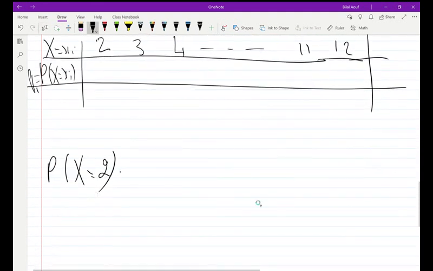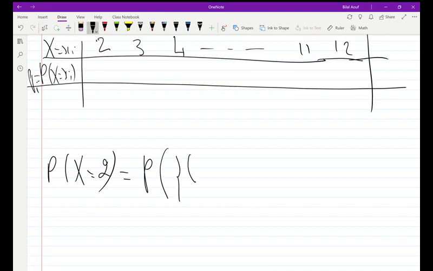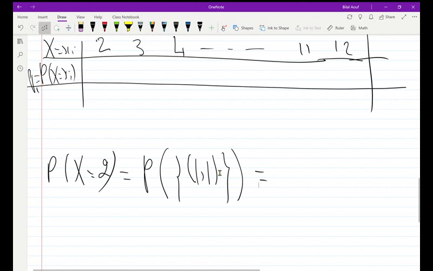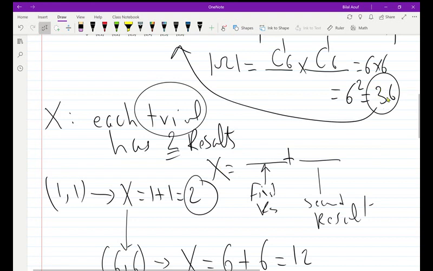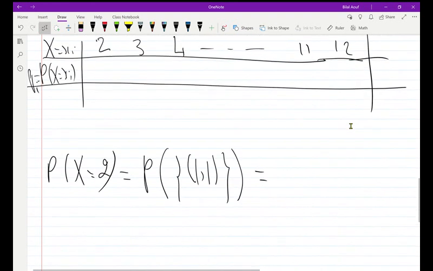So it's the probability for the set that contains 1, 1. That's right. So what is the probability for this set? This set has one element of 36. It means the probability is equal 1 over 36.